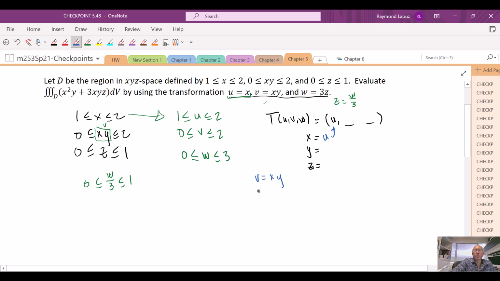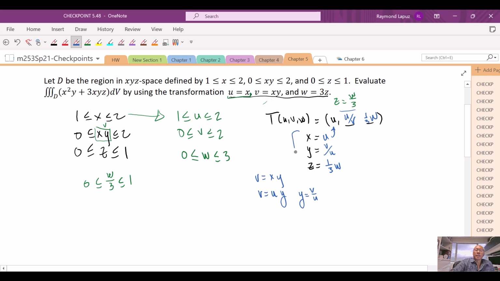So if X is equal to U and Y is what we need to solve for, then that whole thing is equal to V, so Y is equal to V over U. And then Z is equal to 1/3 W. I think we already had that figured out over here. And so those are going to be our functions: U, V over U, and 1/3 W.